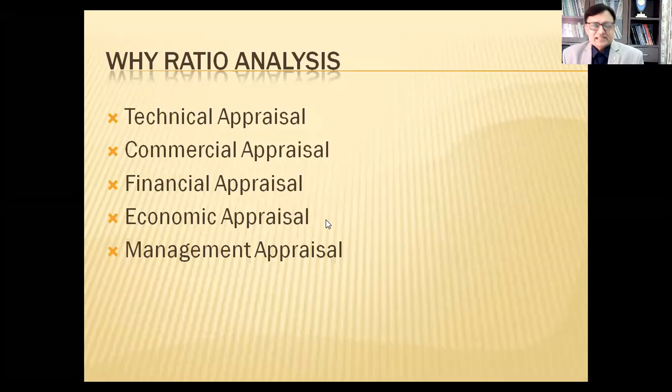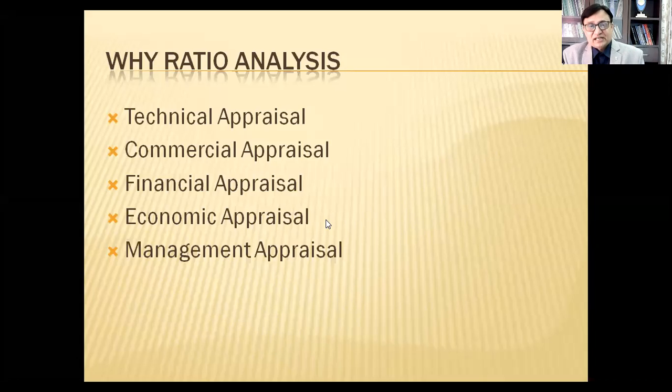So ratio analysis is providing help in all these kinds of segments, that is technical appraisal, commercial appraisal, financial appraisal, economic appraisal, and management appraisal. So that's why, though there are a number of weaknesses in ratio analysis, with the passage of time new improvements are made in it.